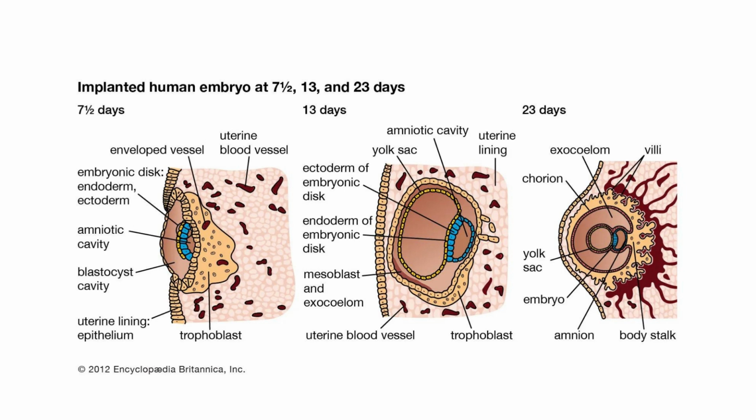The implanted blastocyst then proceeds to establish itself as dependent upon the uterus. The syncytial trophoblast becomes a spongy shell containing irregular cavities.